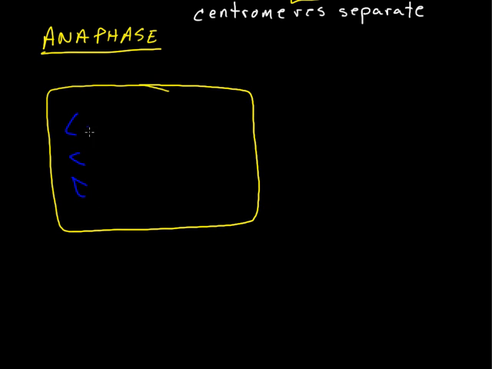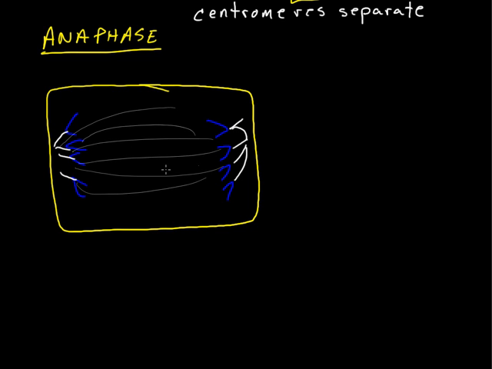They get pulled basically to the opposite ends of the cell by the spindle fibers, which are still attached at the centromeres. Now, keep in mind here, and I'll refer back to it in a few minutes, there are additional spindle fibers that are still traversing this cell along the center here. But we're mainly concerned with what's going on with the chromosomes at this point.